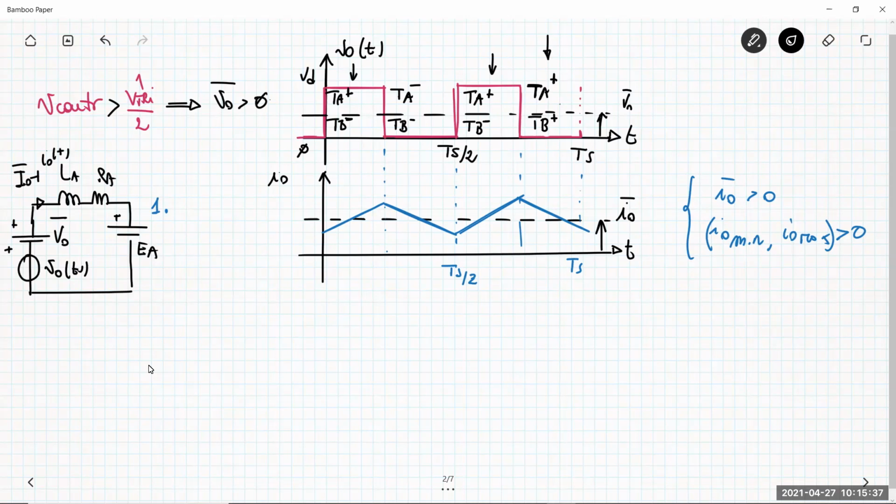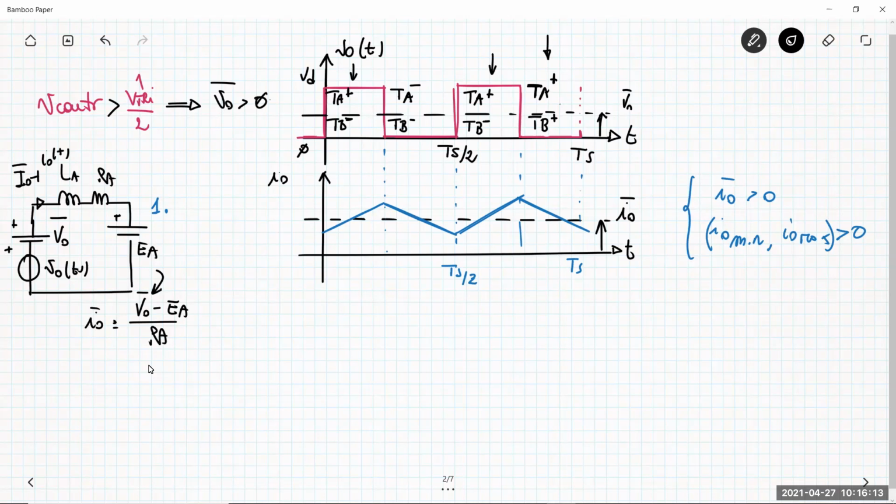RA, and EA. So basically, the average current is V naught average value minus EA over RA. So just exactly as we did for the previous exercise for the two quadrant converter, I can have different possibilities for V naught, because V naught average value depends on dA minus dB multiplied by voltage VD.